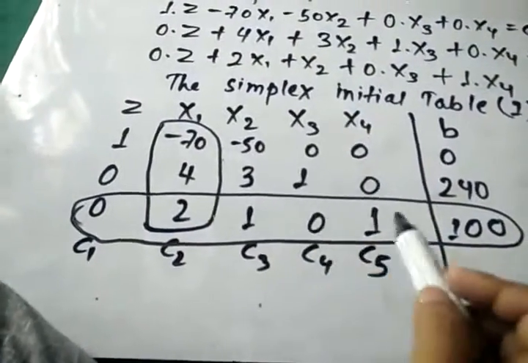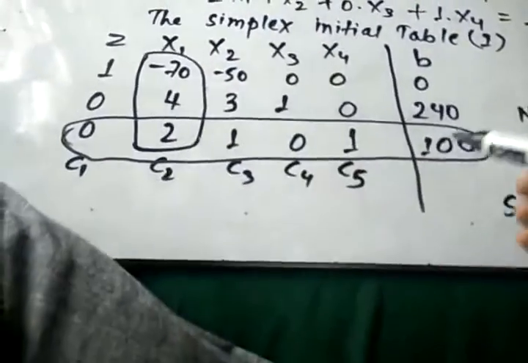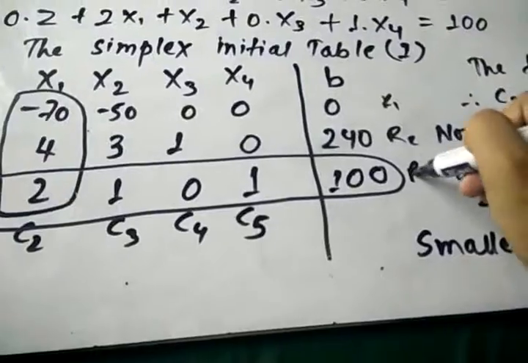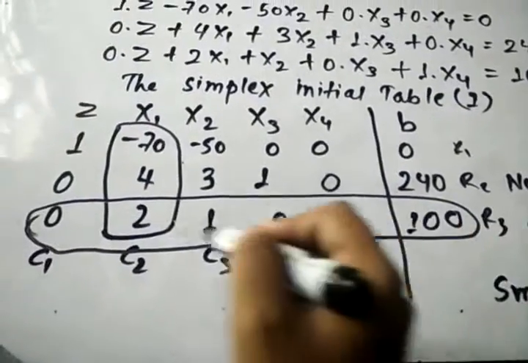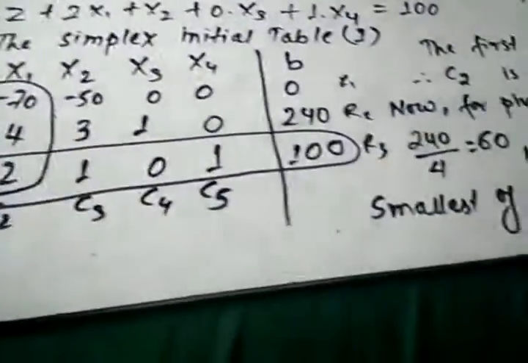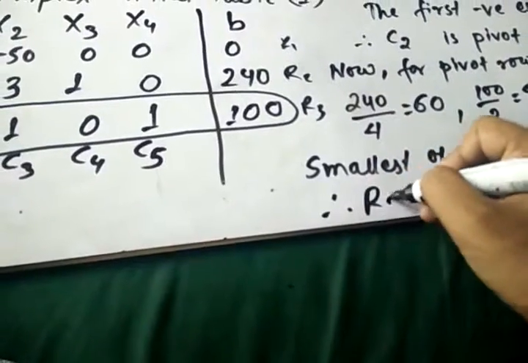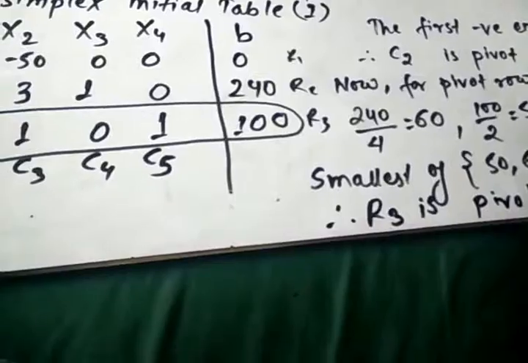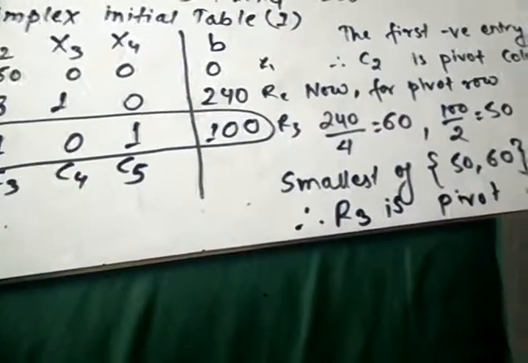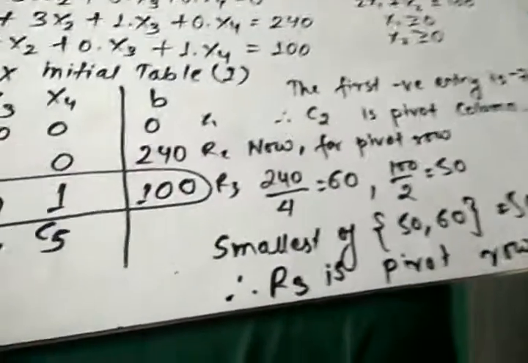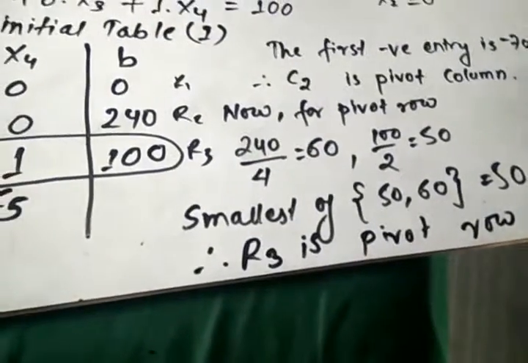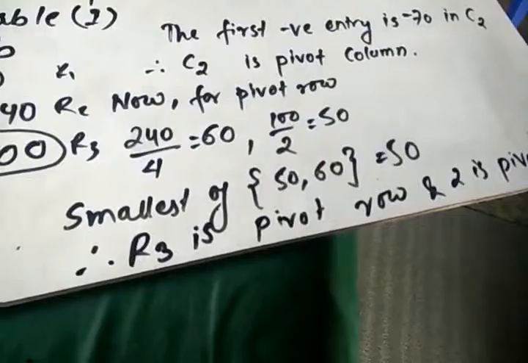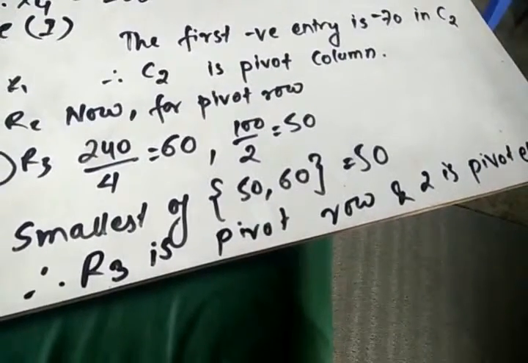Now our pivot row is R3. This is R1, R2, R3. Our pivot row is R3 and 2 is the pivot element.